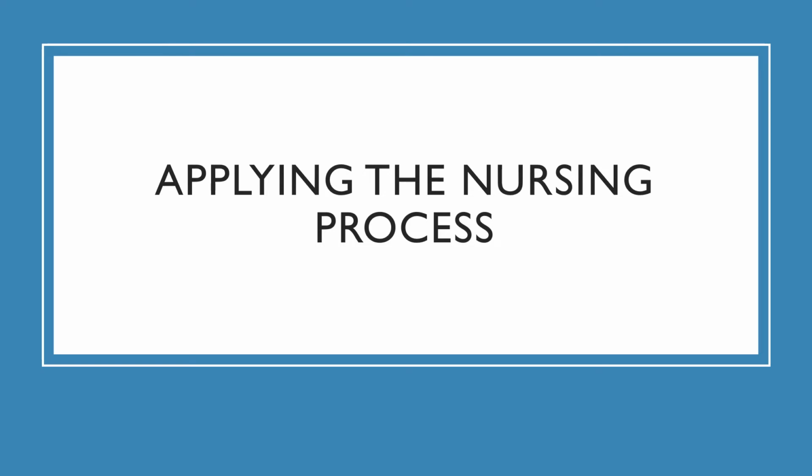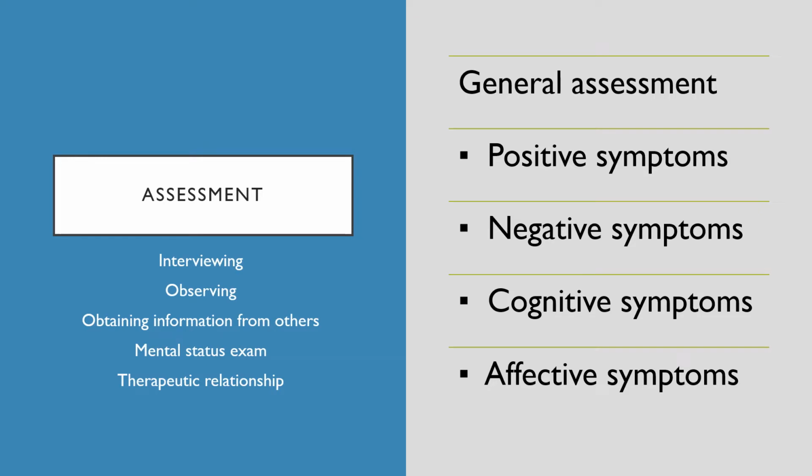So let's apply our nursing process to our schizophrenia patient, remembering that the nursing process is our framework that helps guide care. So when we think about assessment, the assessment's going to involve interviewing, and that's hopefully interviewing the patient. We're going to observe their behaviors and other clinical symptoms of the disorder.